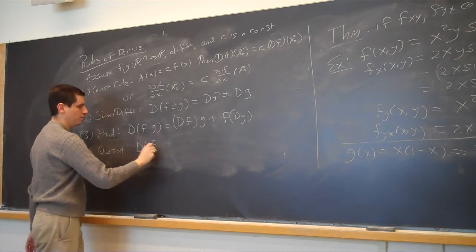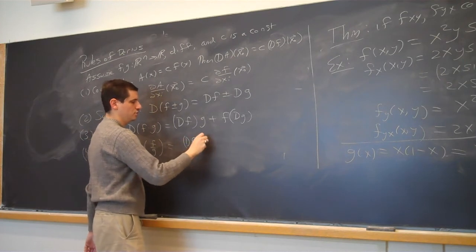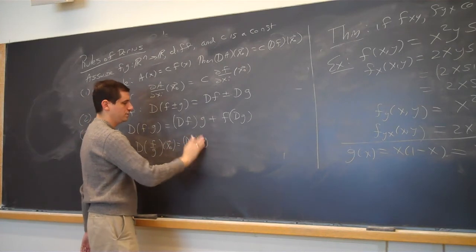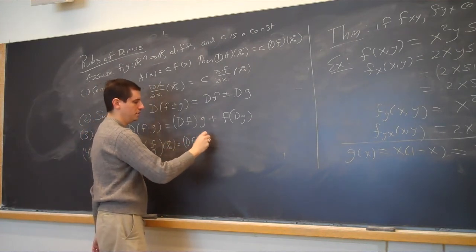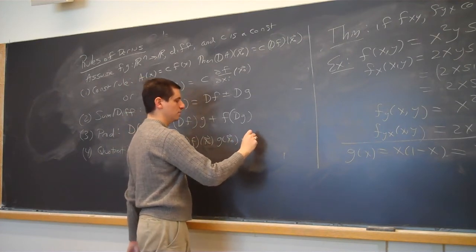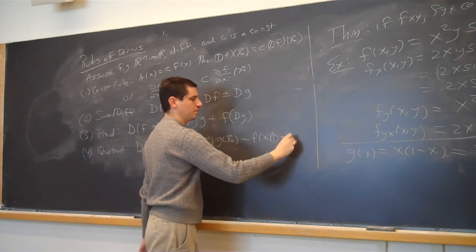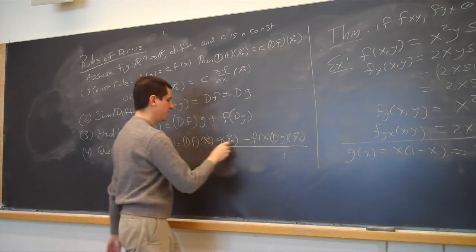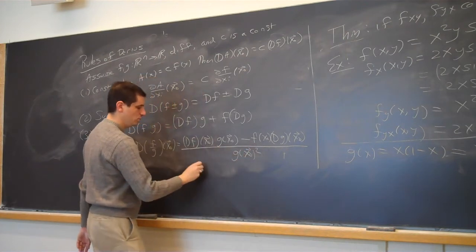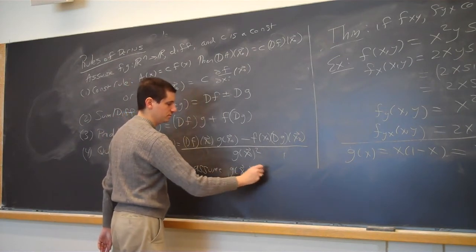The derivative of f over g, and here I'll write this one really carefully, at the point x naught, is the derivative of f at x naught times g of x naught minus f at x naught times the derivative of g at x naught, divided by g of x naught squared, and we assume that g of x naught is non-zero.